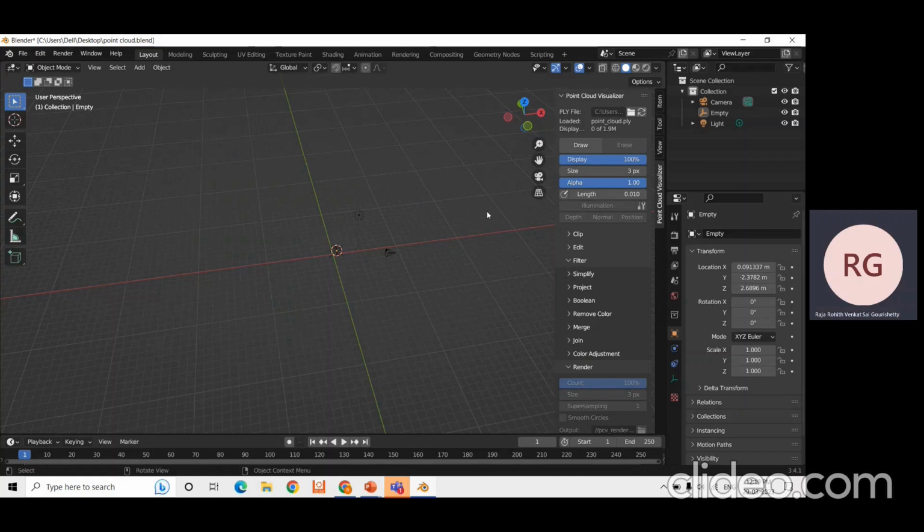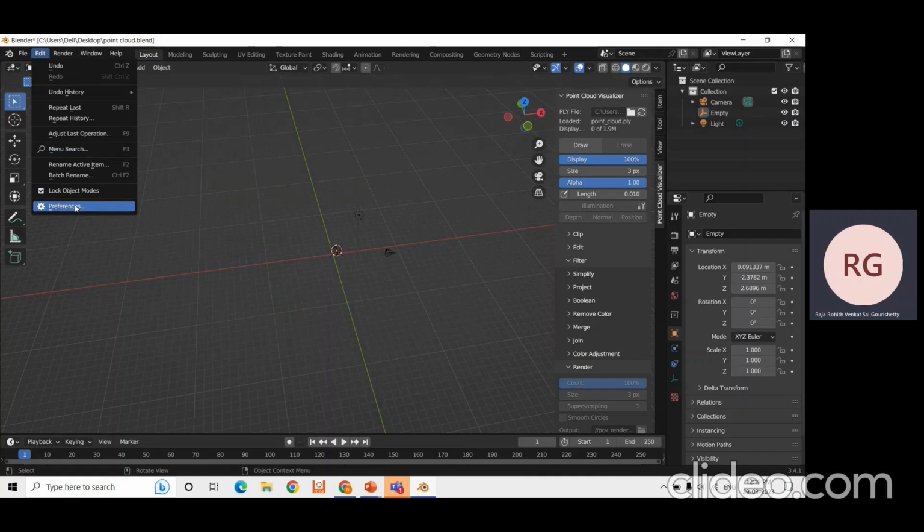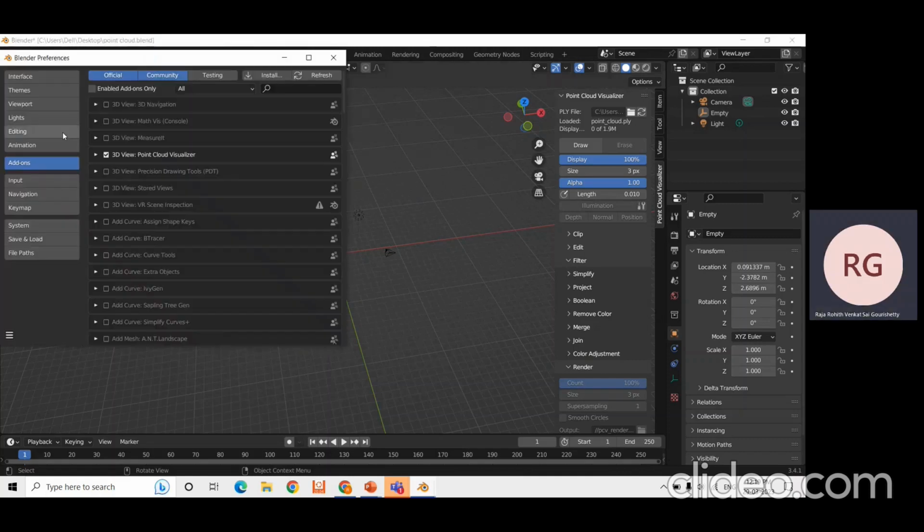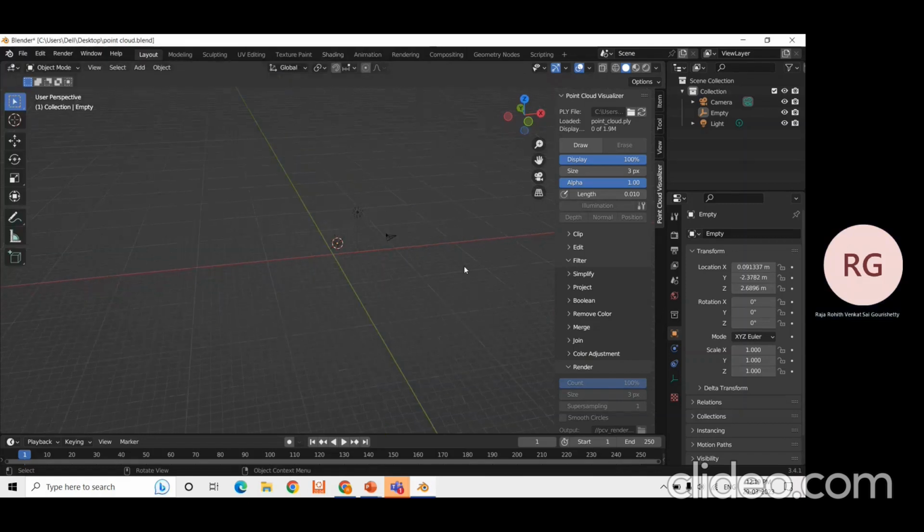For the point cloud visualizer, first we should install an add-on called Space View 3D Point Cloud Visualizer. We can add it from the edit menu, and when we go to preferences, we'll find it under the add-ons. As you can see here, I've already added it. Next, we need to get the 3D point cloud model for the visualization.